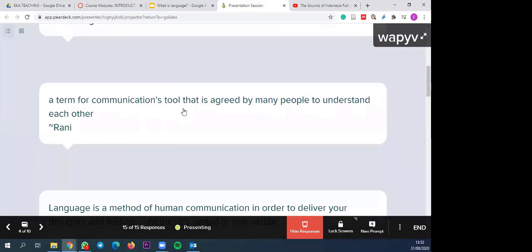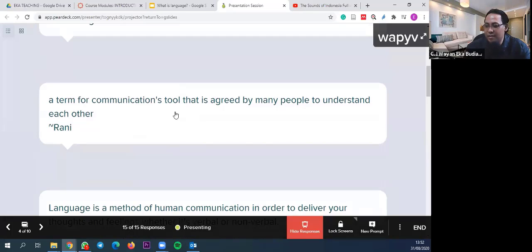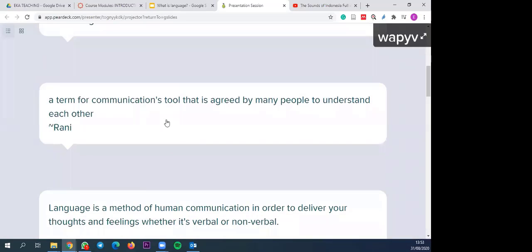Okay, sir. Okay, then Rani: a term for communication tools, also agreed by many people to understand each other. Communication tools. Go on, Rani. I mean the way we speak, the way we communicate, and this becomes like an intermediary.